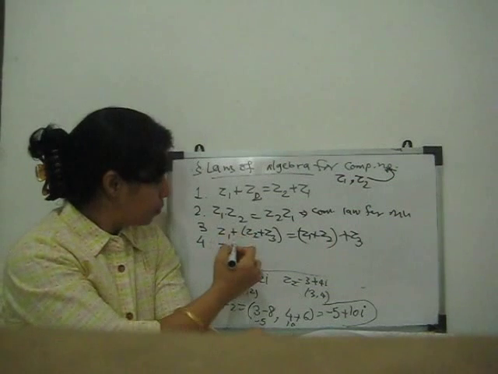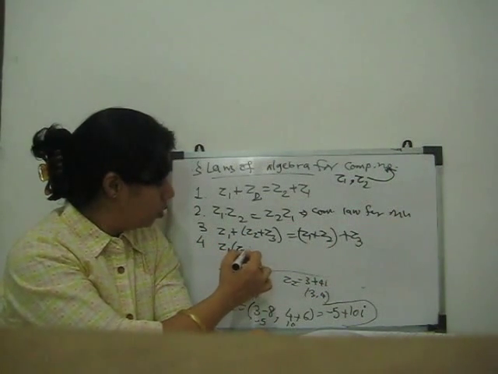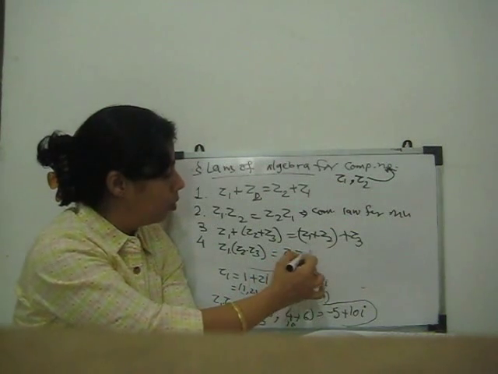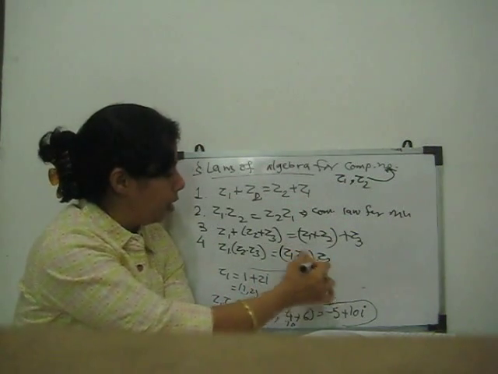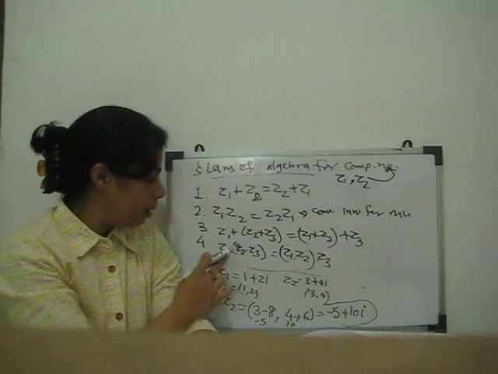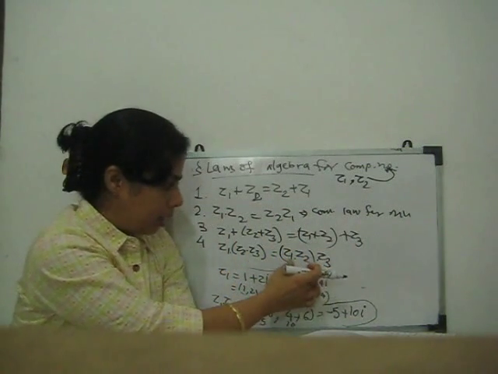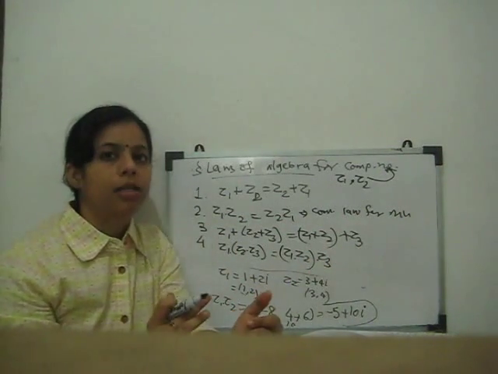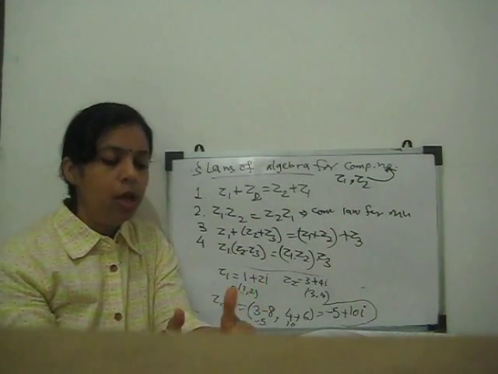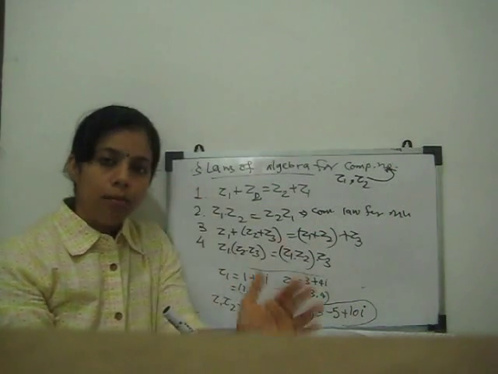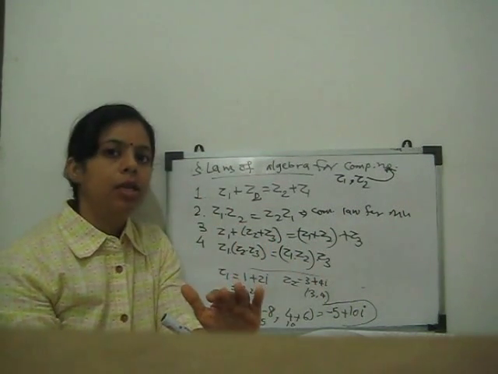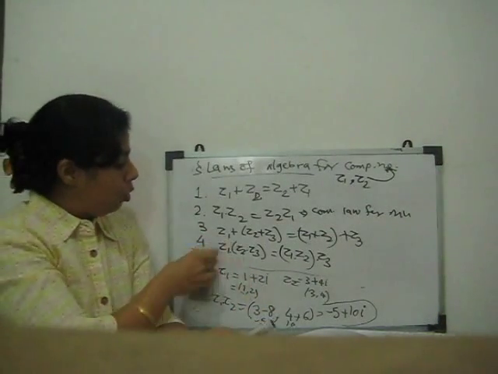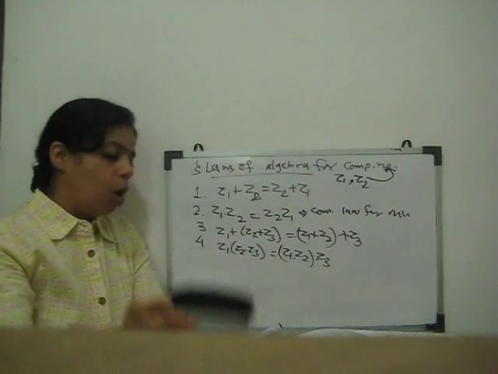So (z1 z2) z3 is equal to z1 (z2 z3). First we multiply these two, then multiply with the third one, or on the right-hand side, first multiply the second and third, then multiply with the first number. Both answers are the same. So this is the associativity of complex numbers, meaning commutative law for addition and multiplication and associative law for addition and multiplication follow in the complex number case also.